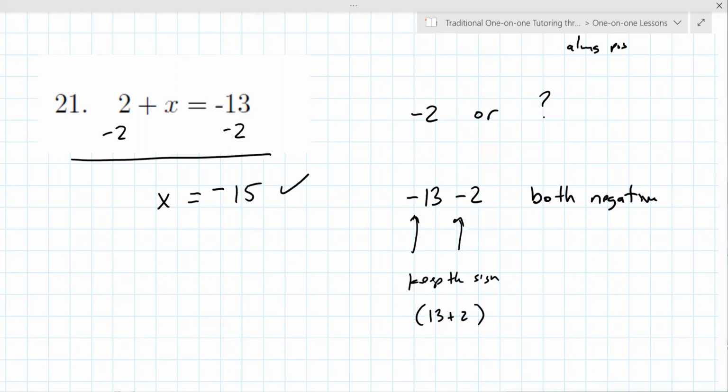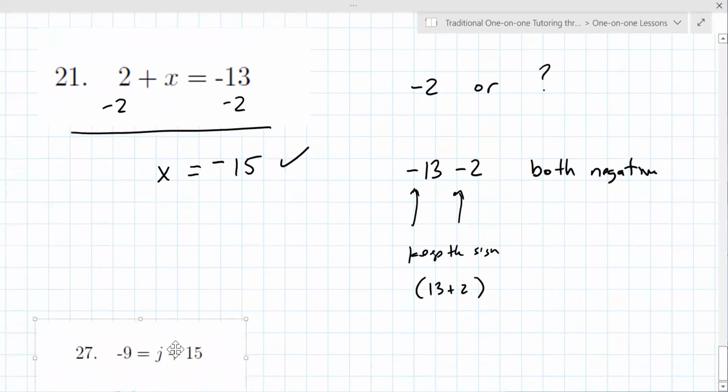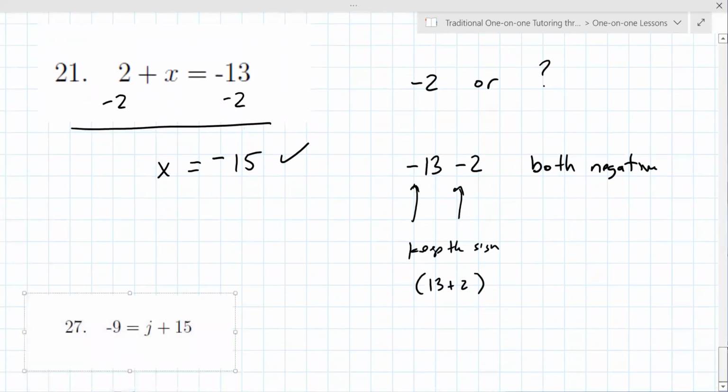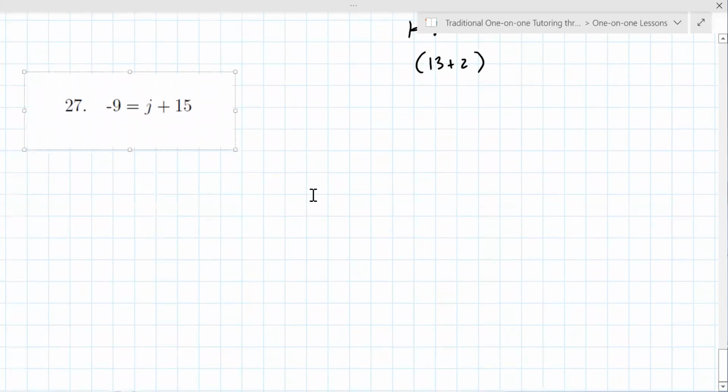So let's do another one like that so that you can see. Yep, there's a lot of rules. The more you do this though, the more you're like, oh, I got it. Okay, so we're going to subtract 15 from both sides of the equation.